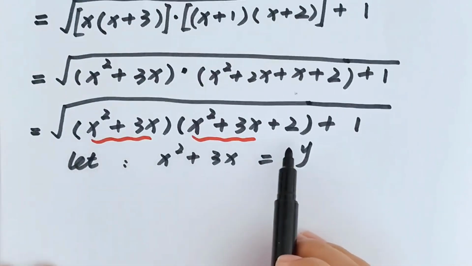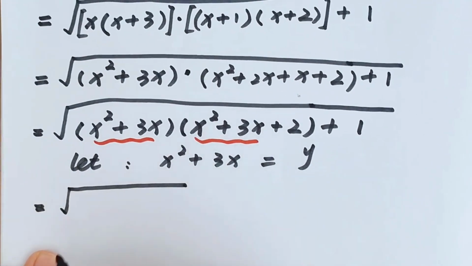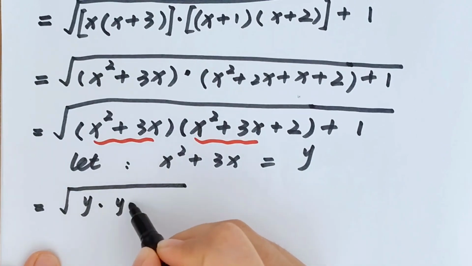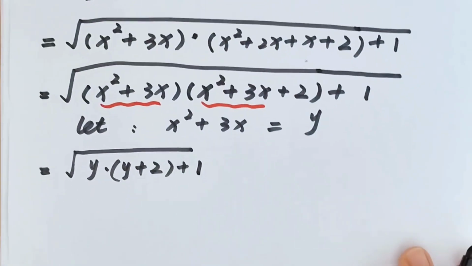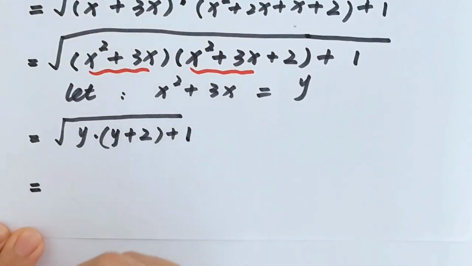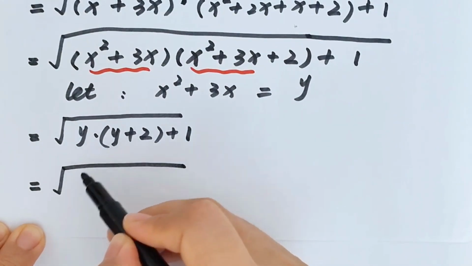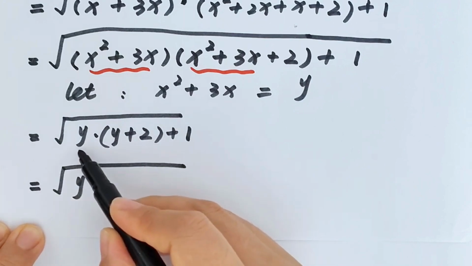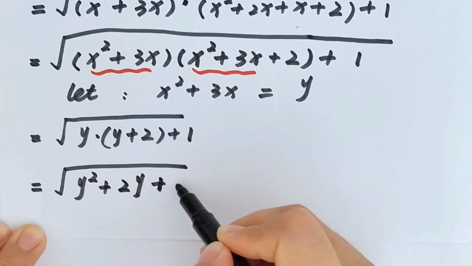Then this will be equal to the square root of y times (y plus 2), plus 1. Then it will be equal to the square root of y times y is y squared plus y times 2 is 2y, then plus 1.